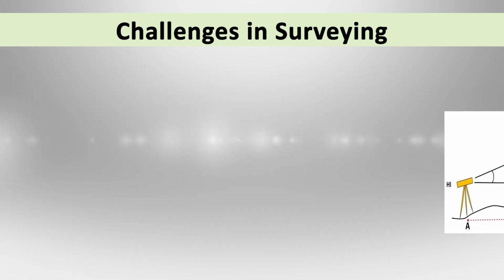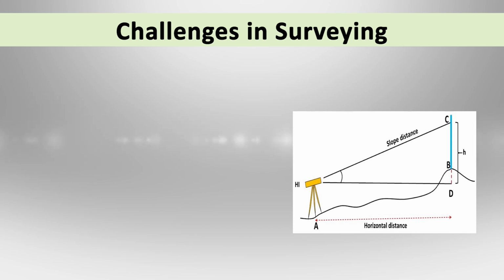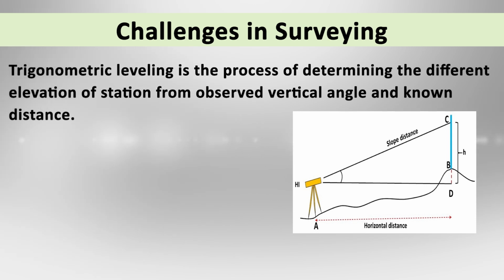The vertical angles are measured by means of a theodolite. The horizontal distances are measured either using a tape or chain, or they may be computed. The relative heights are calculated by using trigonometric formulas. So we can say that trigonometric leveling is the process of determining the different elevations of stations from observed vertical angles and known distance.